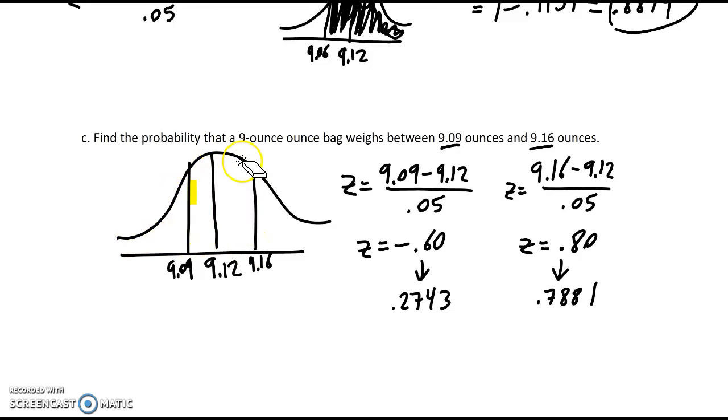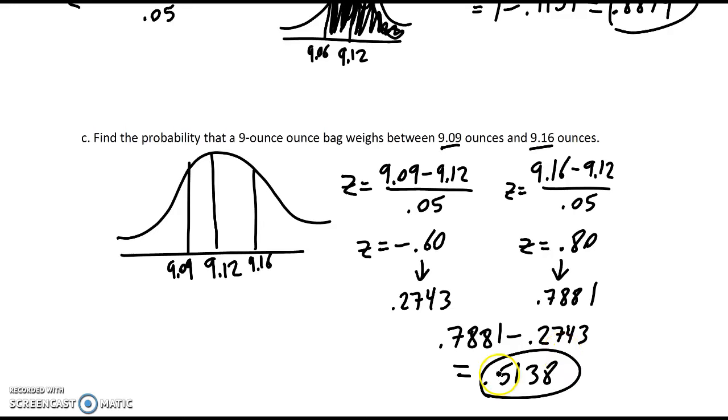So the trick is to subtract out what's to the left of that other z-score, which is the 0.2743. So anyway, that's why we subtract on the between. So we're going to do 0.7881 minus 0.2743. Be sure to always do bigger minus smaller, and if you do, you get 0.5138 or 51.38%. Either answer is totally fine.